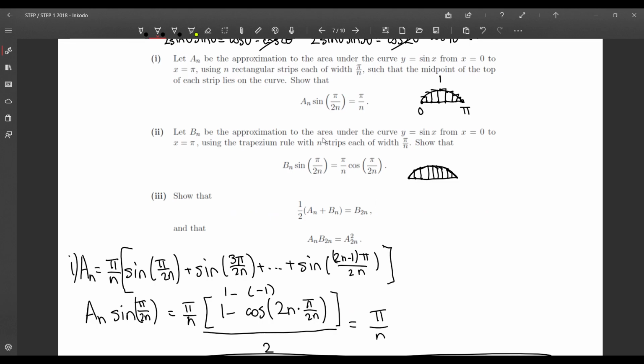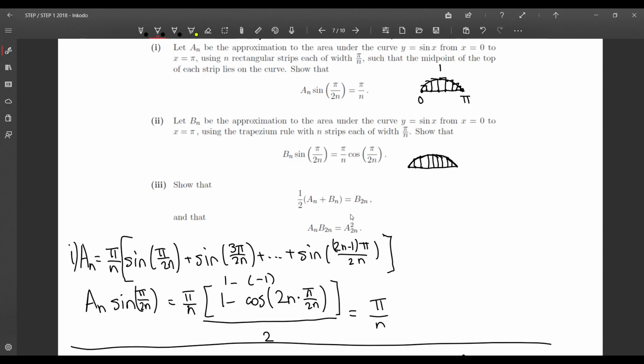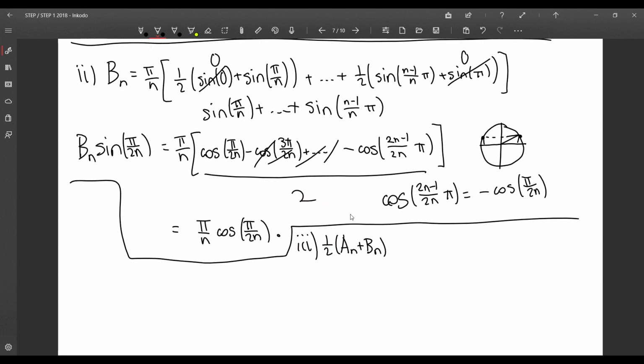So what I'm thinking is that, well, we sort of have explicit forms, right? So this is going to be 1/2.